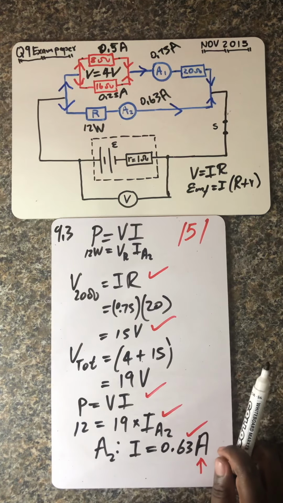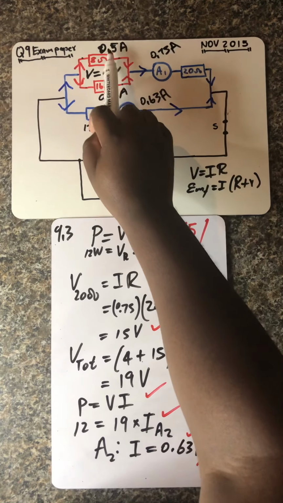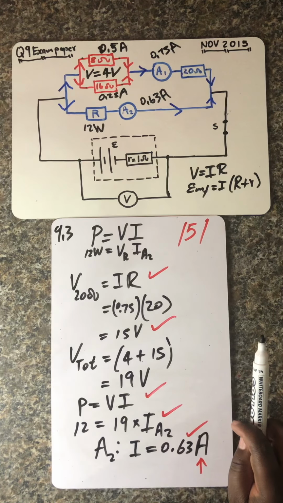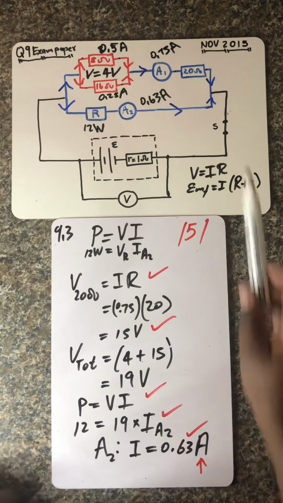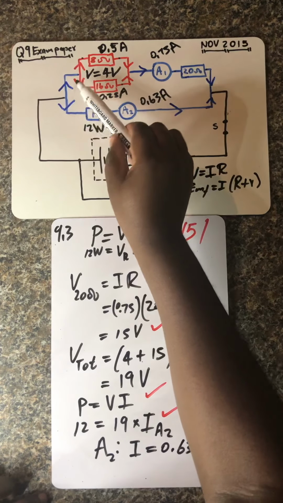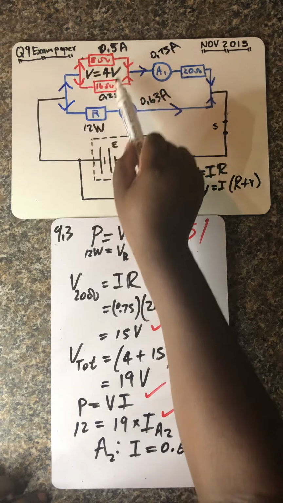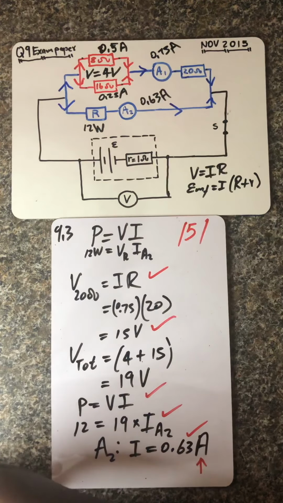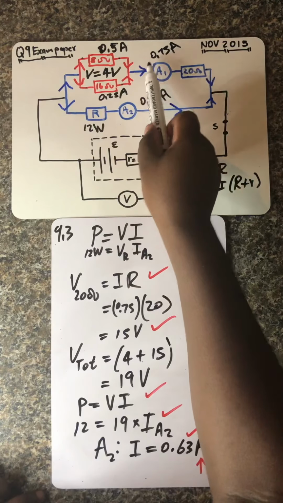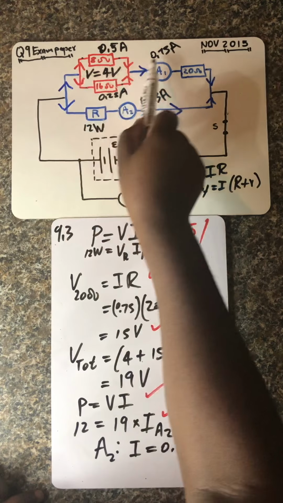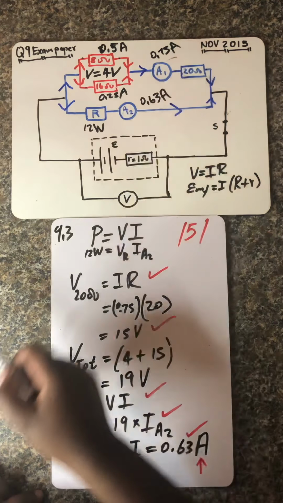So now you've got the combination of these two resistors, which is 0.75. So that means the current which is being shared amongst these two resistors is 0.75. As the current flows there, it's sharing that 0.75.